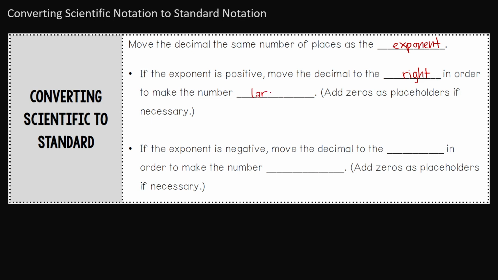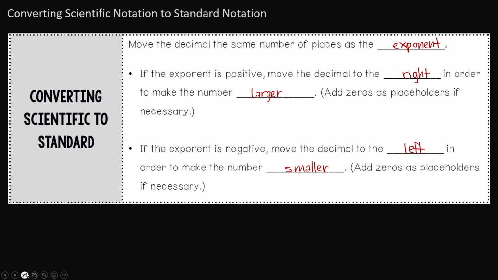And we're going to add zeros as placeholders if we need to. If the exponent is negative, we're going to move the decimal to the left in order to make the number smaller. And again, same thing, we'll add zeros as placeholders if we need to.